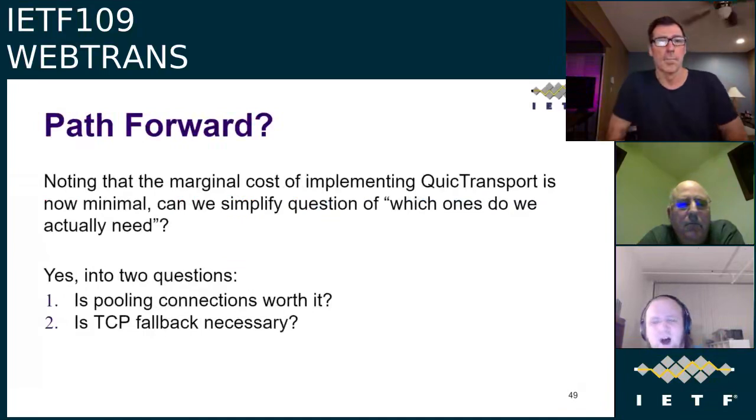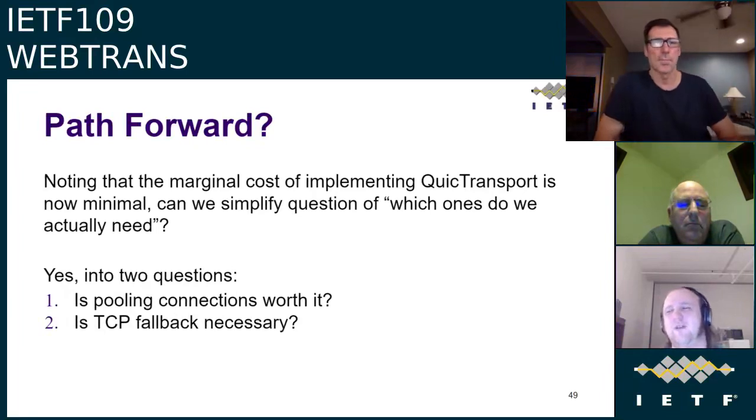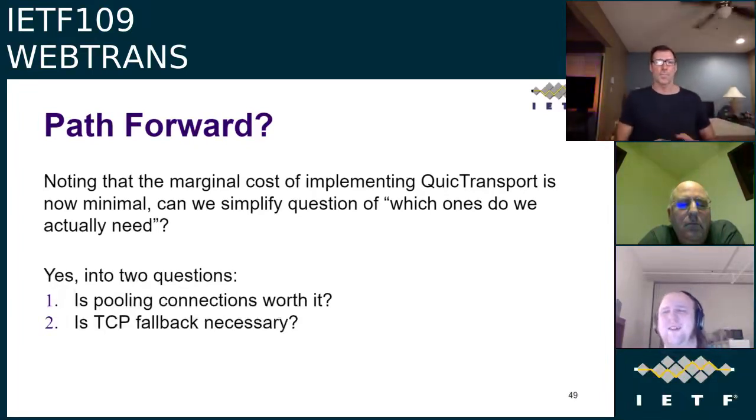Okay, so speaking of path forward, I am basically at this point convinced that the question is not which one of those we want, but should we implement HTTP/3 transport, and is it worth it? Let me elaborate on that.